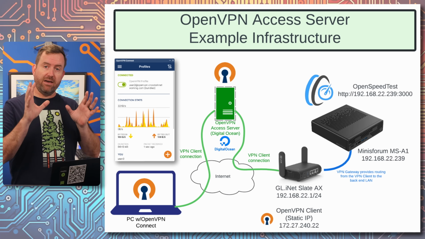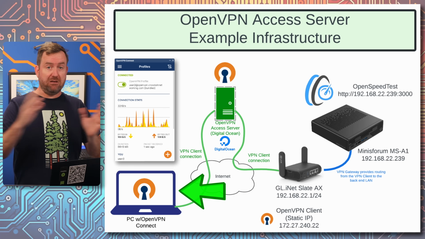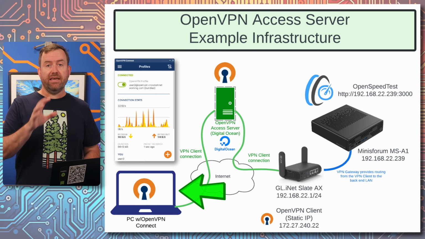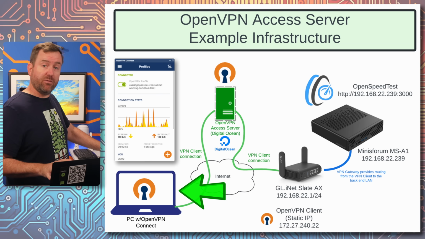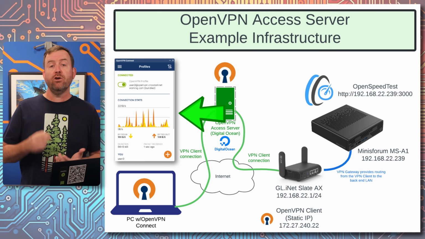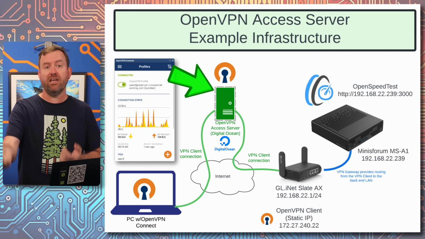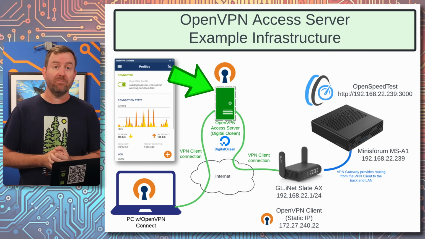All right, so now let's take a step back and look at an overview of what we've created. We have a laptop that's simulating a remote user. Now, this user could be anywhere in the world. It's using a different internet connection from the Slate AX, and we're using the OpenVPN Connect application to initiate a VPN tunnel out to our DigitalOcean hosted OpenVPN access server in the cloud.